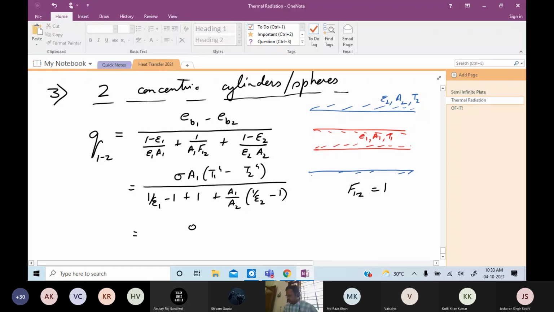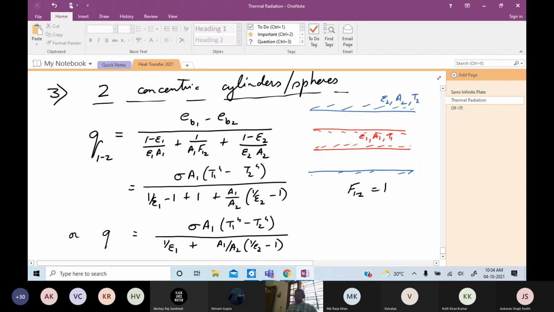Sigma A1 (T1 to the power 4 minus T2 to the power 4) divided by 1 over epsilon 1 plus... This is exactly what we had also derived.